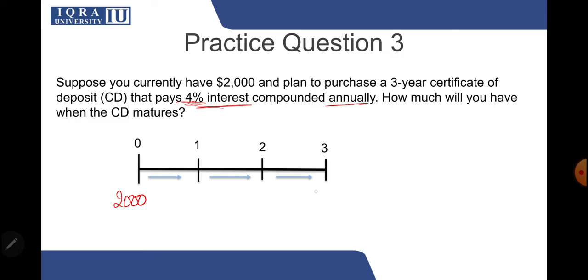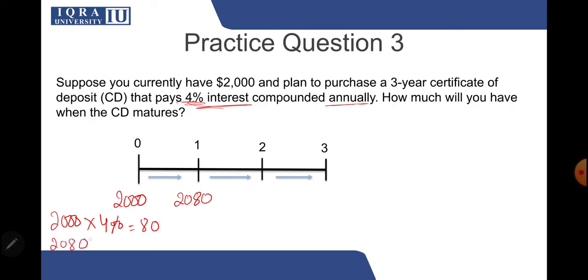So let's first make it on a timeline so that you're very clear with the concept of compound interest and what is interest on interest. So on this 2,000 you will get an interest of 4%. That means you will get 80. So at the end of the first year the value will become 2080.